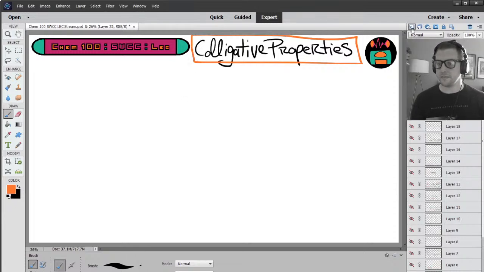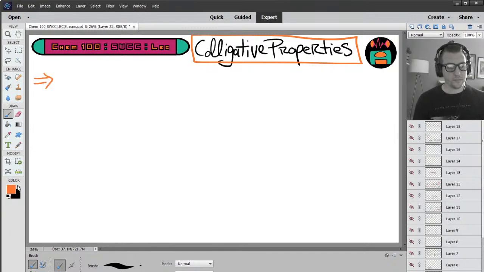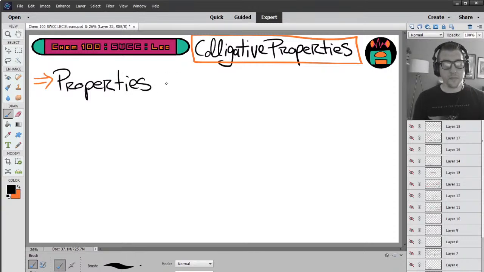Colligative properties. All right. So, colligative properties, simply put, these are properties of a solution.